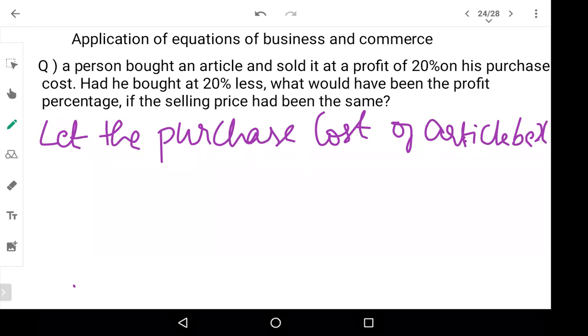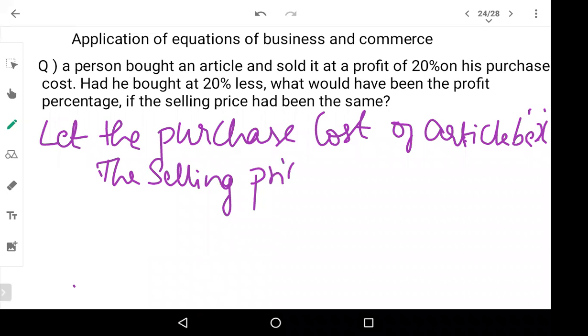It just says a person has bought an article, but they have not told for what money he has bought the article. So we will keep that first basic information as X. Okay, then the selling price is nothing but 20% on the purchase.